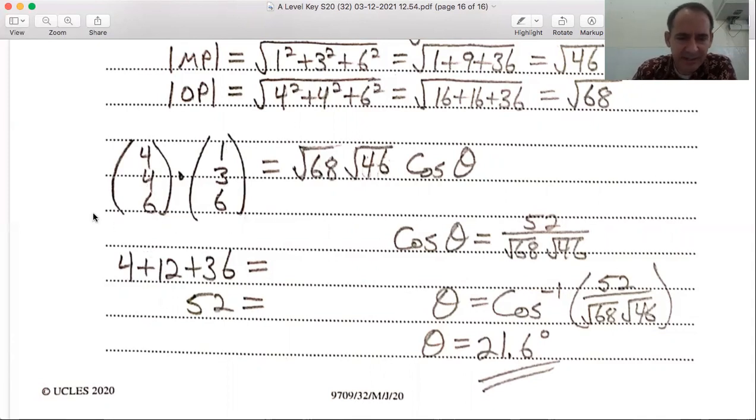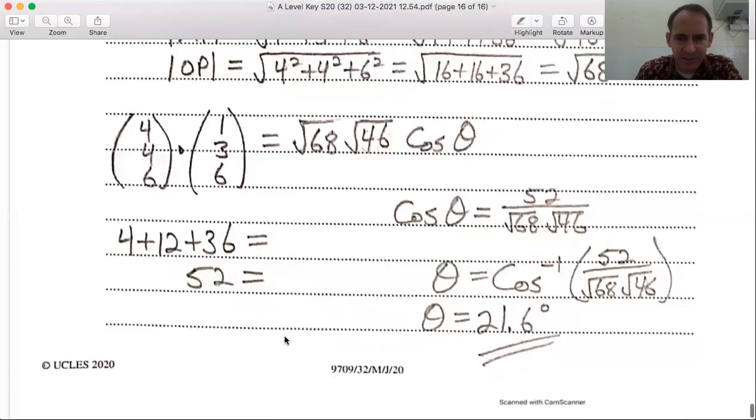This is the left-hand side of what's called your dot product or scalar product rule. This formula is also in your Cambridge formula sheet. So you multiply 4 times 1 plus 4 times 3 plus 6 times 6. That's the left-hand side, which equals 52.